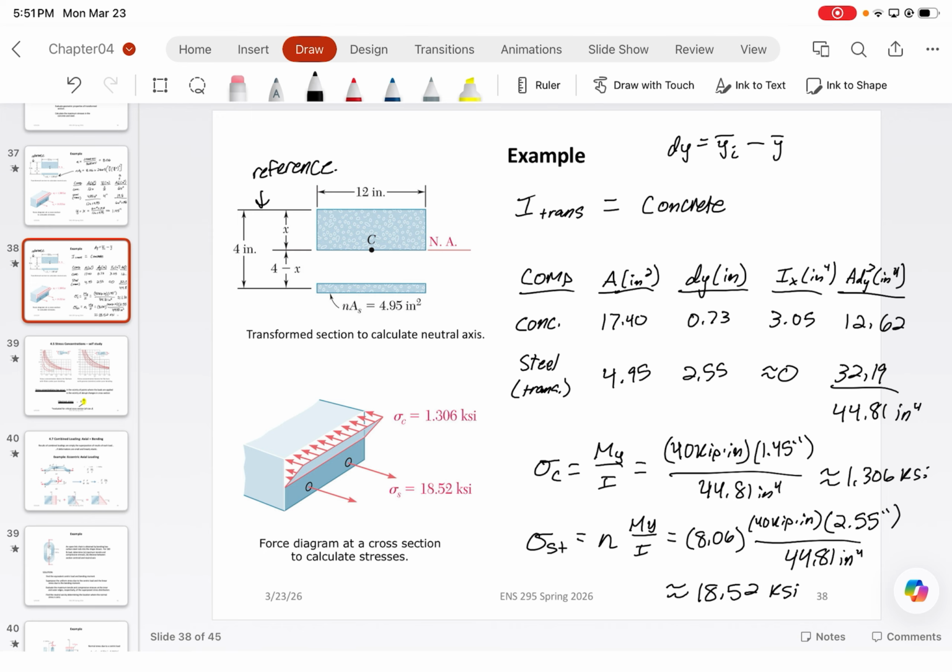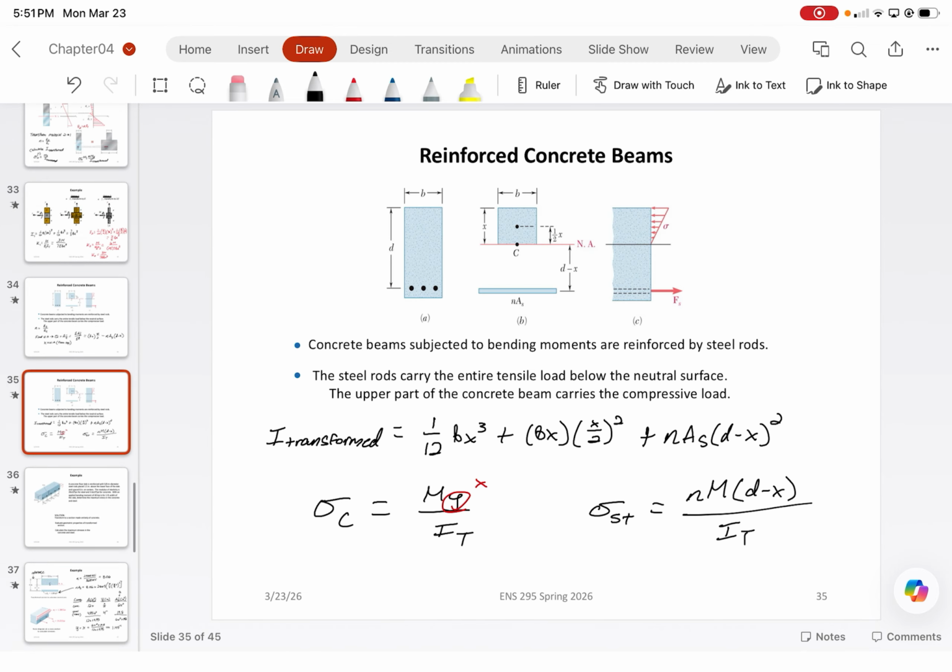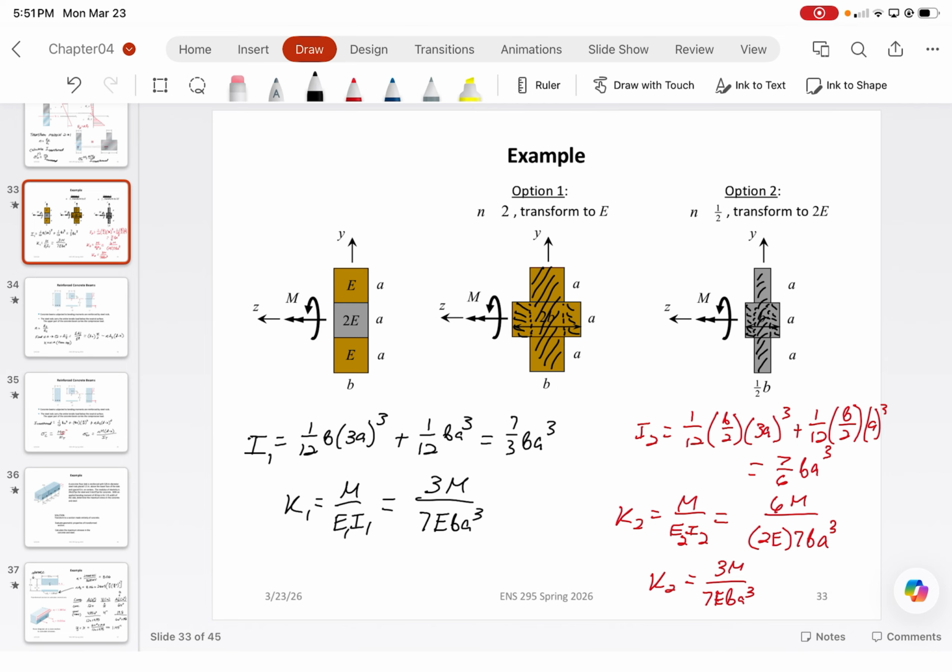And that is how you analyze a composite member. You would follow the same exact steps for these materials shown here if you wanted to calculate the stresses. The only difference is that for the concrete, all the tension is carried by the steel, but for this, at least, you also wouldn't have to calculate where the neutral axis was in terms of x.